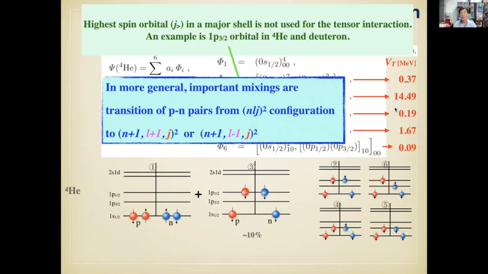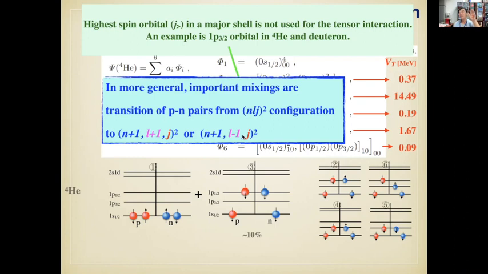This is one very simple S to P wave transition, but in general, we can see the same thing because of the selection rule. The transition from an NLJ configuration occurs to N+1 and L+1 with the same J, or L-1 to J. So to the same J, one major shell above.